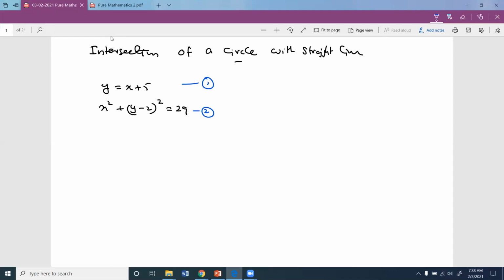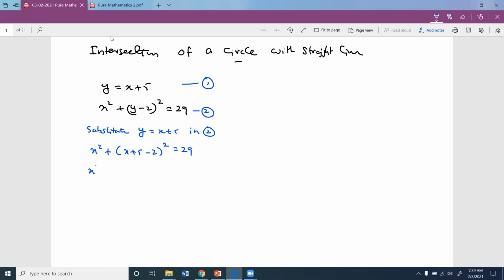Instead of this y, I can replace it with x plus 5, because y is the subject over here. So we substitute y equals x plus 5 in equation 2. We can write x squared plus, instead of y, x plus 5 minus 2, squared, equals 29.